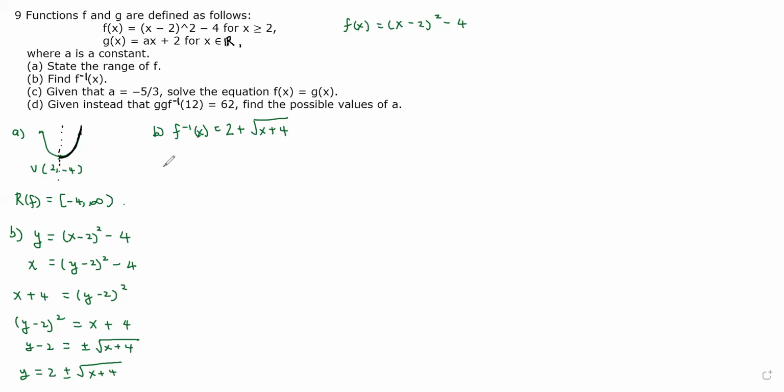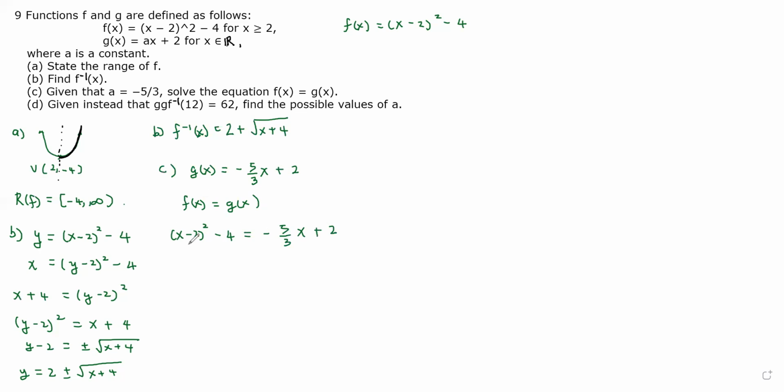Part C, given that a is -5/3, then g(x) is -5/3 x + 2. We need to solve the equation f(x) equals g(x), so that (x - 2)^2 - 4 equals -5/3 x + 2.